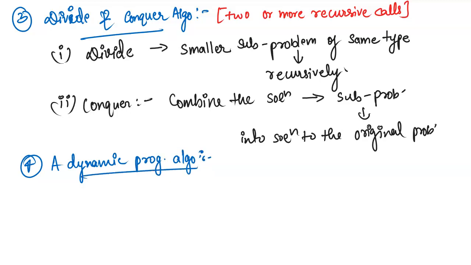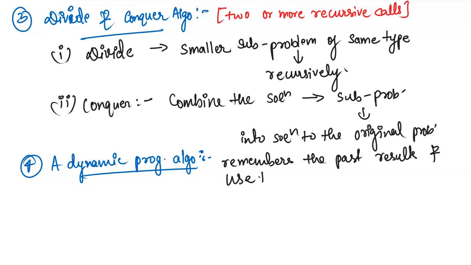Basically it remembers the past results and uses them to find new results. This is the most important point for the dynamic programming algorithm. It remembers the past results and uses them to find the new results.